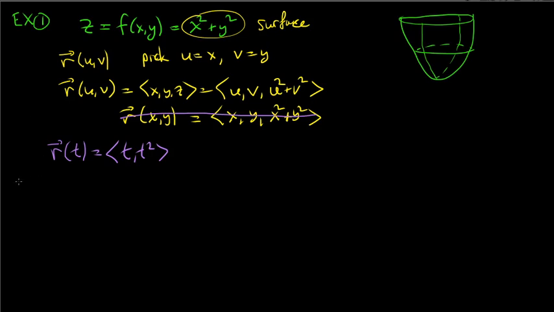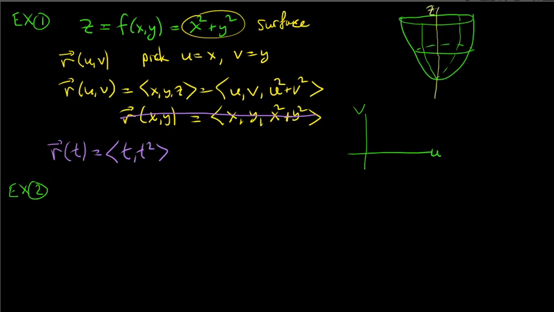All right, so that's one way to parameterize the paraboloid, but there's probably a better way. Here's another way to do it. We're going to use our uv plane as usual here, but now instead of u and v being x and y, we're going to think of u as, let's say, the distance from the z-axis.